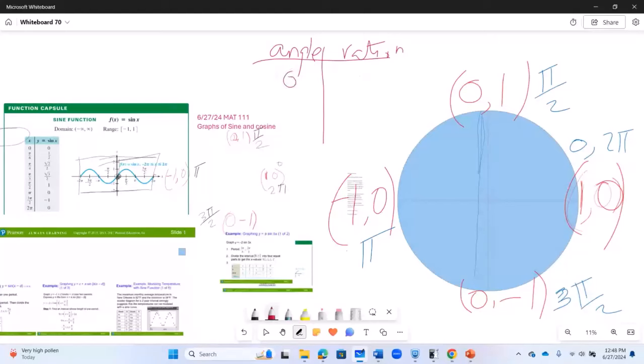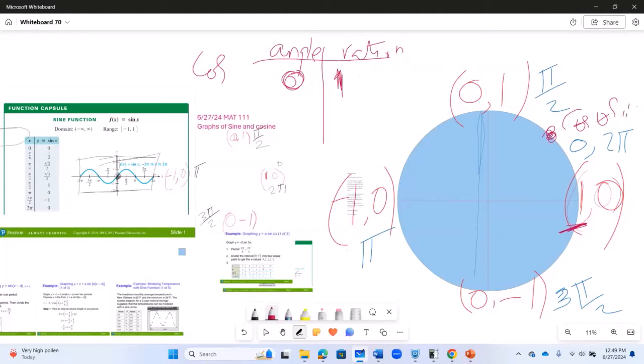So 0 for cosine, I'm talking about cosine. Cosine of 0 degrees is, oh, 1. Cosine of 0 degrees is 1. Any rotating point on a unit circle is cos theta, sin theta.